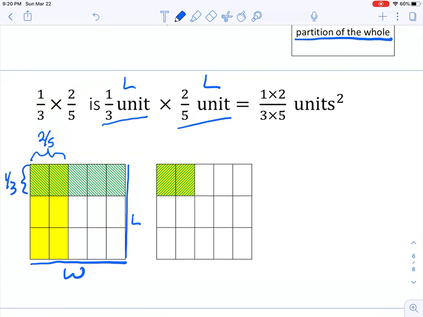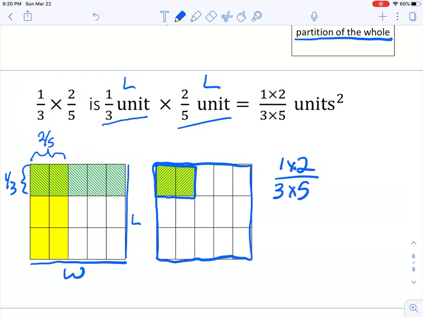So here we would shade in the 2/5, shade in the 1/3, see the overlapping region, and again we'll have a 1 by 2 array, and our whole will be partitioned into a 3 by 5 array, giving us 2/15 as the answer.